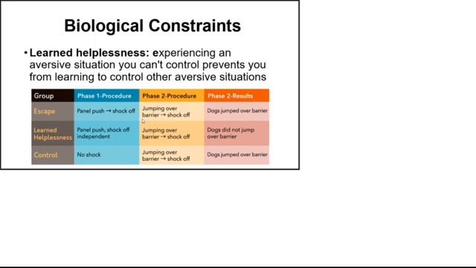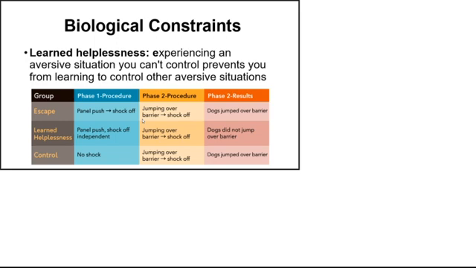And eventually, all sorts of different kinds of organisms learn that they have no way of escaping, so they're not even going to bother. Then if you remove the barrier, those animals still stay in the place with the aversive stimulus because they've learned that it's not worth trying. So even when presented with new situations, new information, they stay put.